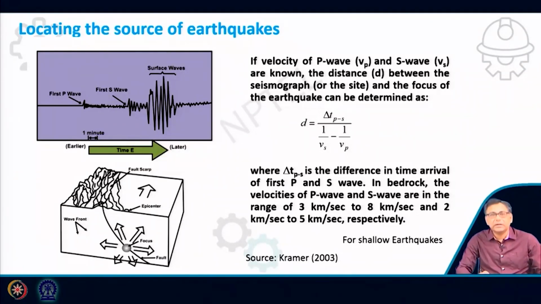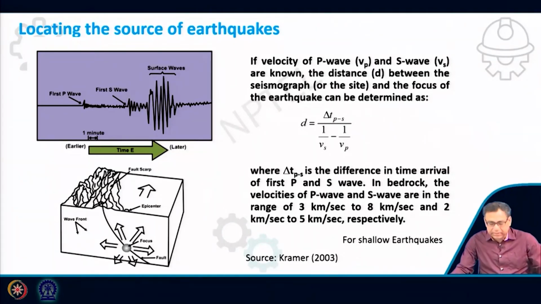But remember, that is applicable only if it is a very shallow earthquake, meaning the distance between the epicenter and the focus is very small, and the wave is traveling through the crust only. That is why, if it is crust, we can consider the velocity of the P wave as 6 km per second and the S wave as 3 km per second.